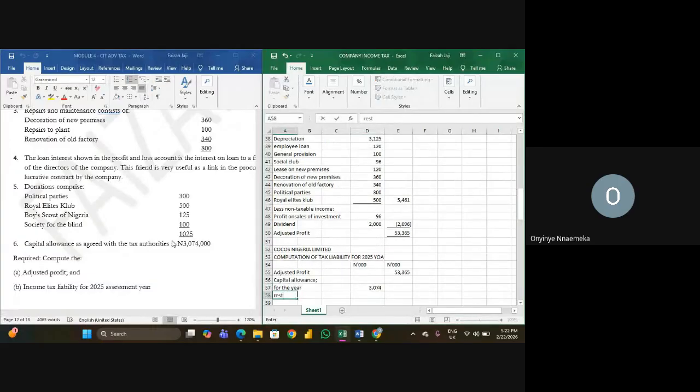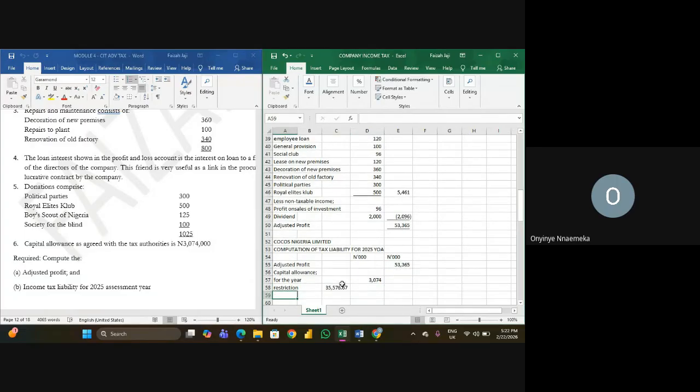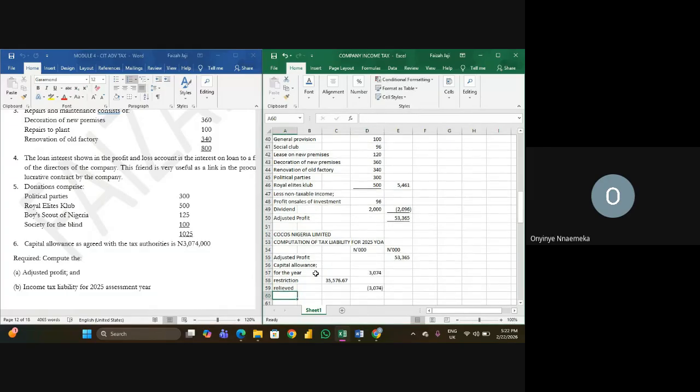So we have restriction, which is equal to 2 over 3 multiplied by this, which will serve as our accessible profit since there's no loss. And this is higher. Definitely the one we are relieving is the lower of the two. Relieved will be equal to this same figure.